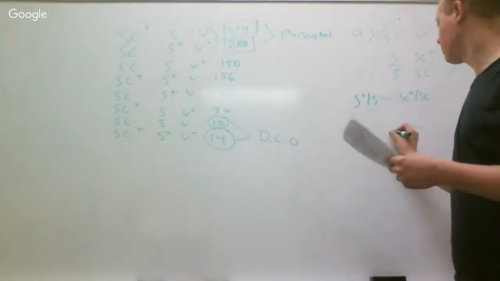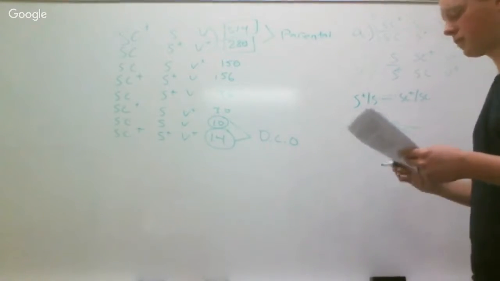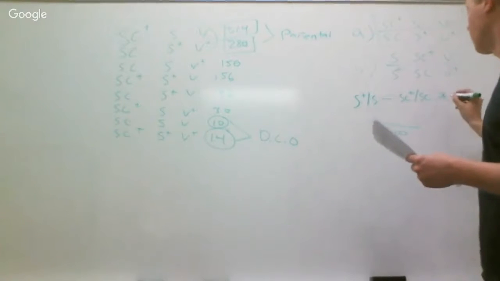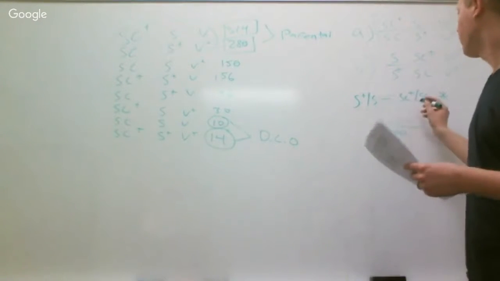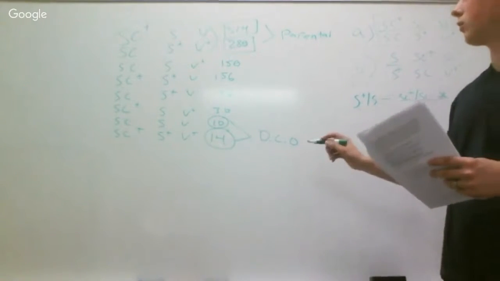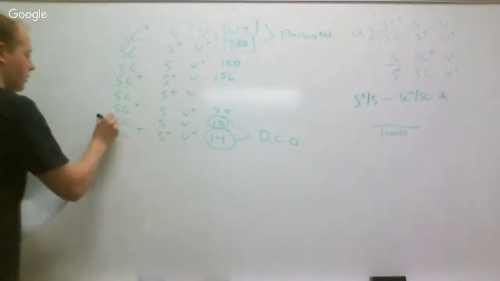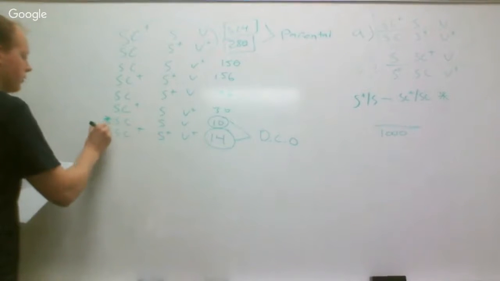The total number of offspring is 1,000 for this. And let's see, we'll mark these all with a star. So the middle gene is the SC gene. When it crosses over, that's the double crossover here. So we'll put a star on that.